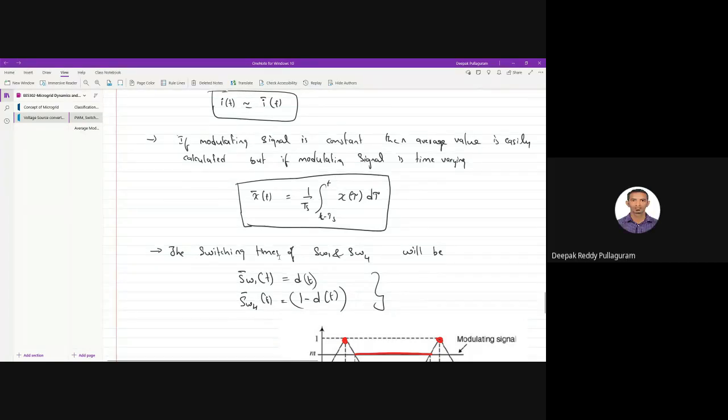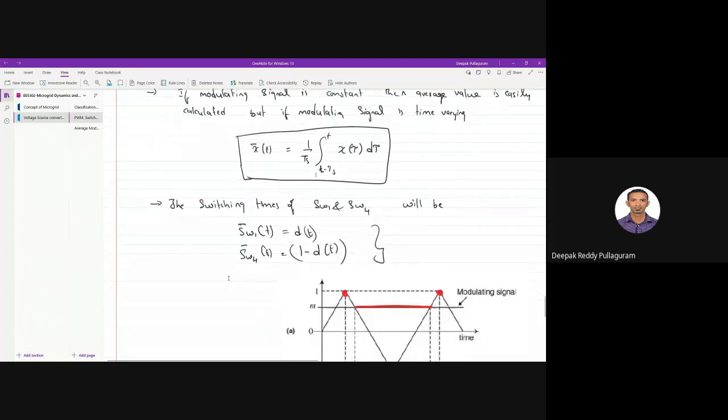On time and off time keep changing because duty itself is changing. So D here, which you have written, is also time varying. It is not a fixed one.